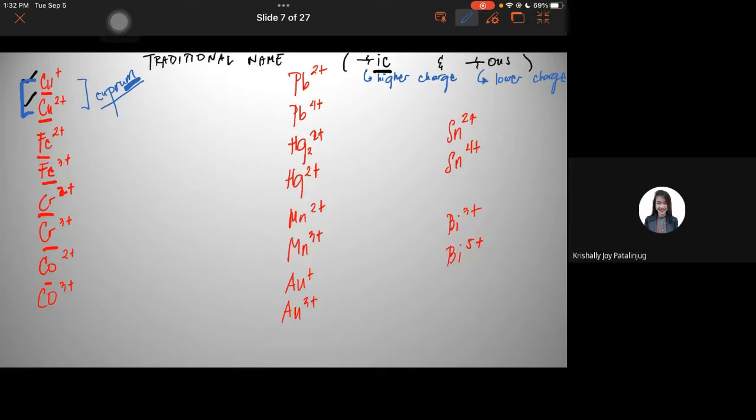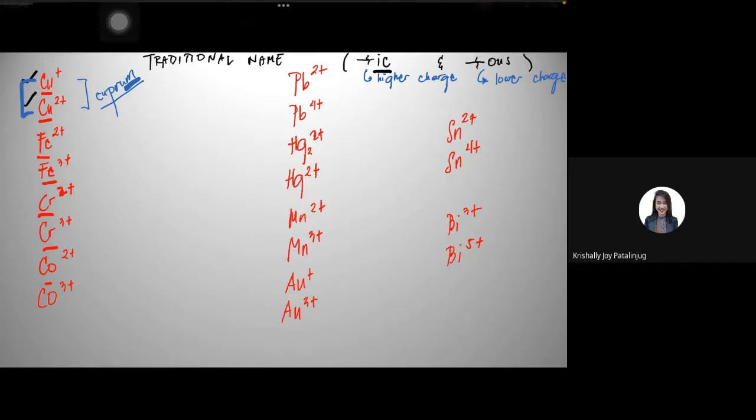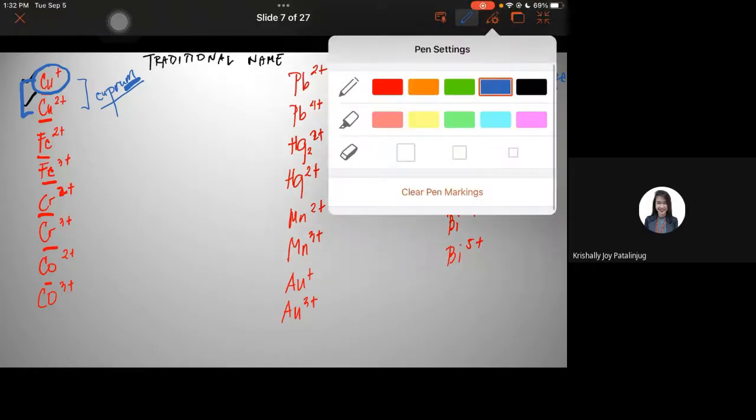But which is the cuprous and which is the cupric? If I ask you for the first encircled copper ion, is it cuprous or cupric? Based on this concept, is it cuprous or cupric? Go. Or you can just answer with the suffixes.